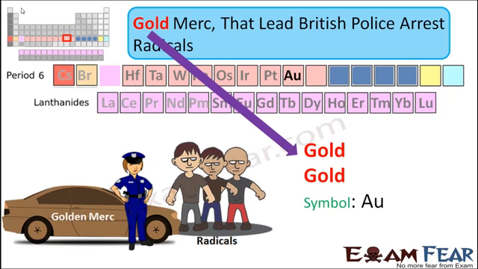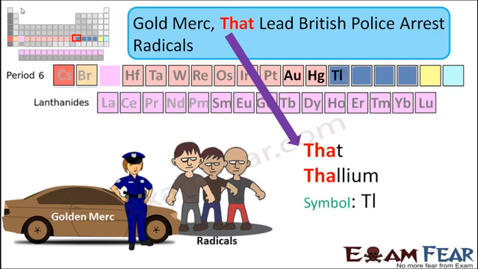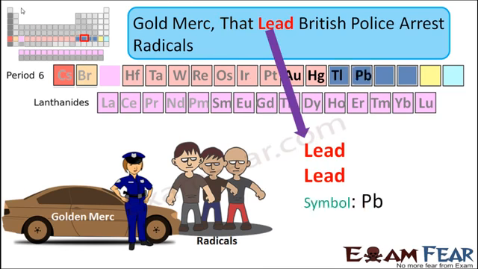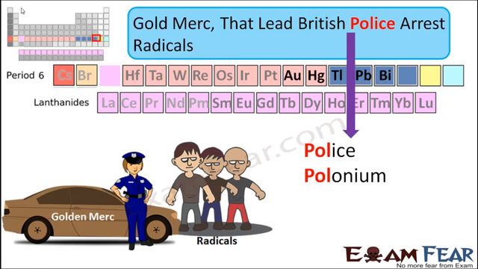So gold is, of course, gold. Murk reminds of mercury with symbol Hg. That reminds of thallium with symbol Tl. Lead is again lead. British reminds of bismuth with symbol Bi. Police reminds of polonium with symbol Po.